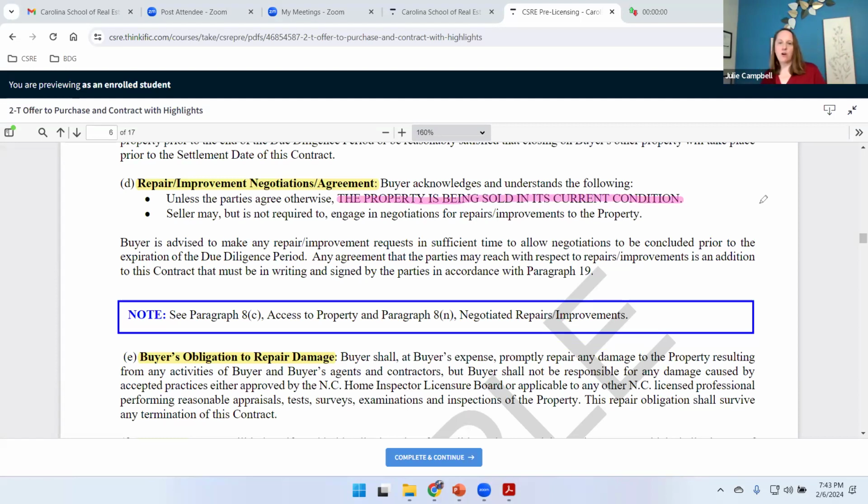We can ask for, agree to, and have signed off on any repairs while we are still in due diligence. The repairs themselves don't have to be completed until prior to settlement. But we do need everybody's agreement to do any negotiated repairs while we're still in due diligence.